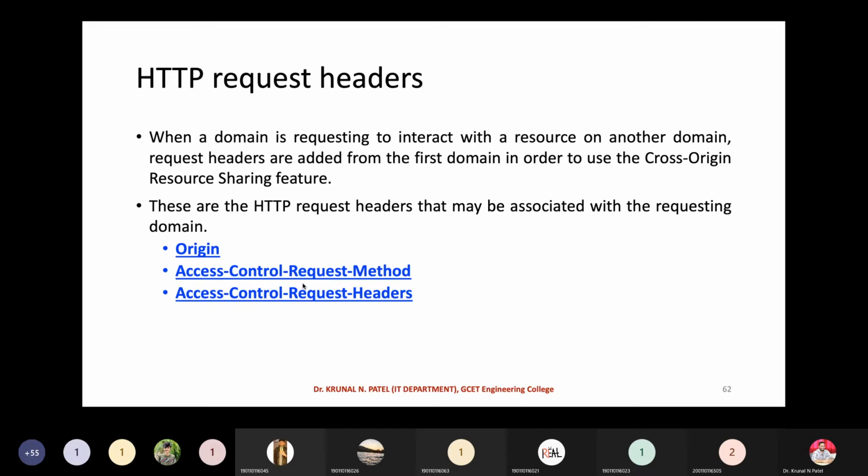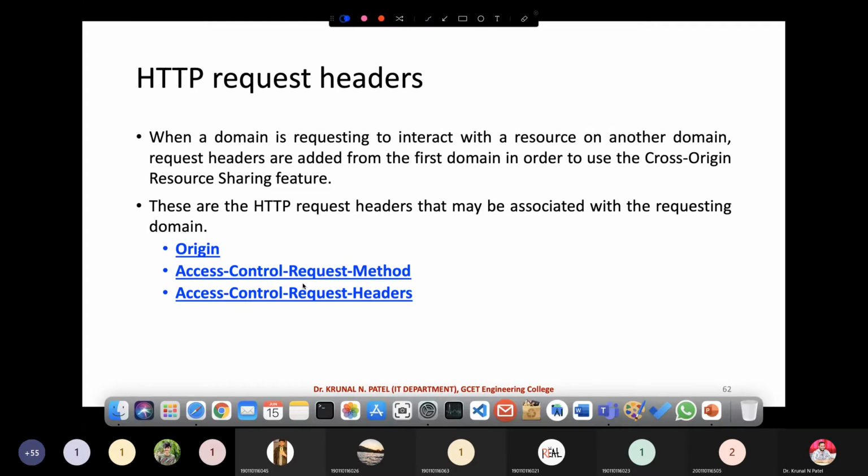Now let's understand what request headers mean. When a domain is requesting to interact with the resources on another domain, request headers are added. It is the job of a developer to add these request headers from the first domain in order to use the cross origin resource features.